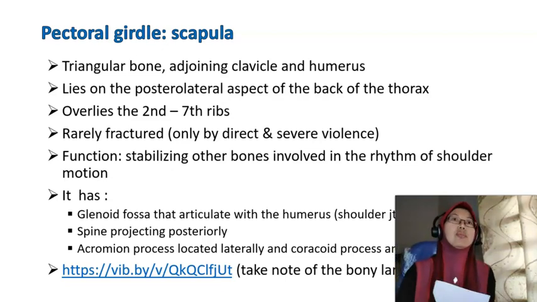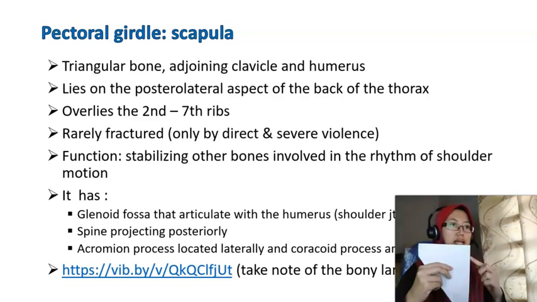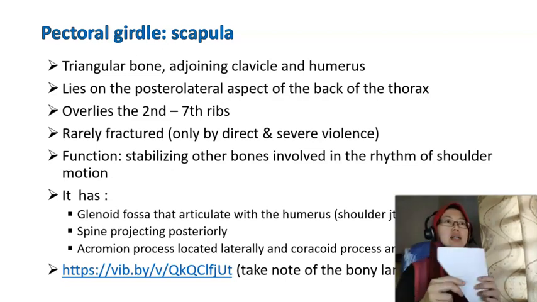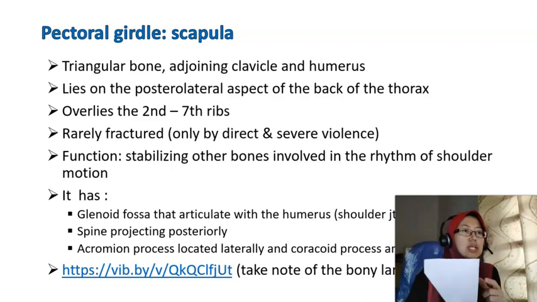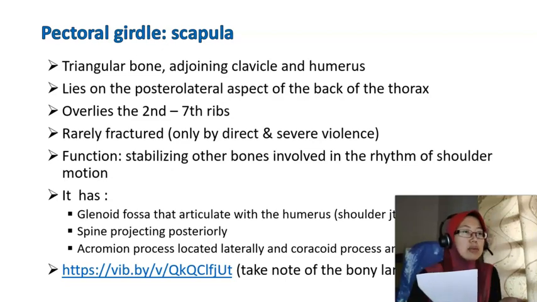It lies on the posterolateral aspect of the back of the thorax, overlies the second and seventh rib. Scapula is also unique because it is almost transparent. This bone is almost transparent.